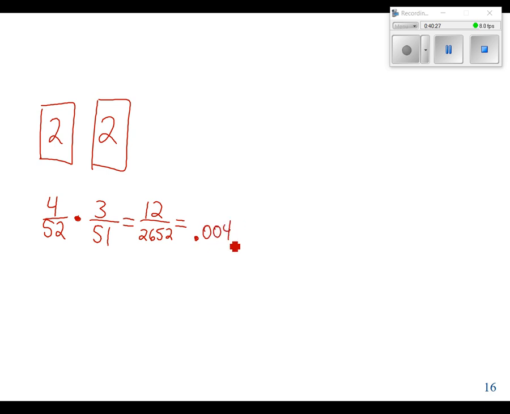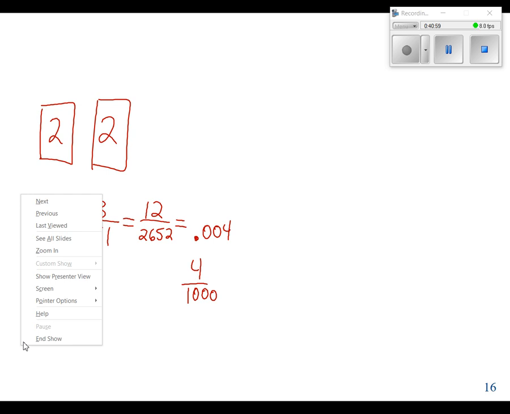So if I'm looking at this, what this says is 4 times out of every 1,000 hands, you're gonna get dealt a pair. So if you get dealt a pair, it's a pretty big deal. Because it's only gonna happen 4 out of every 1,000 times. So you sit there and you play 1,000 hands, 4 of those times you can expect to get a pair. That's why any pair is what ends up winning.